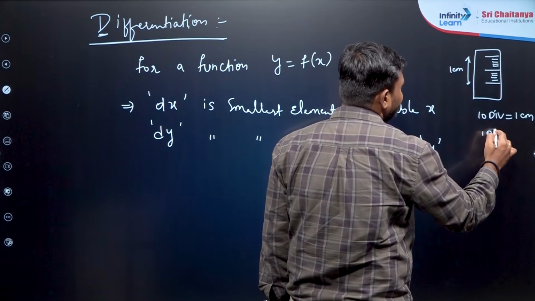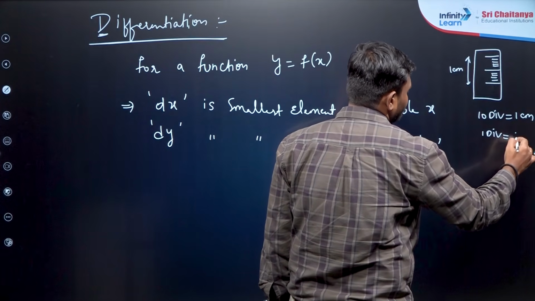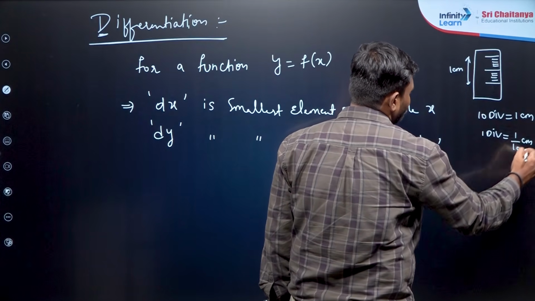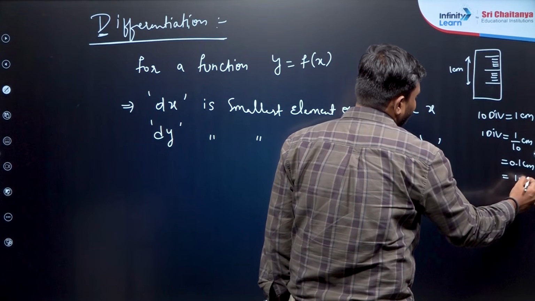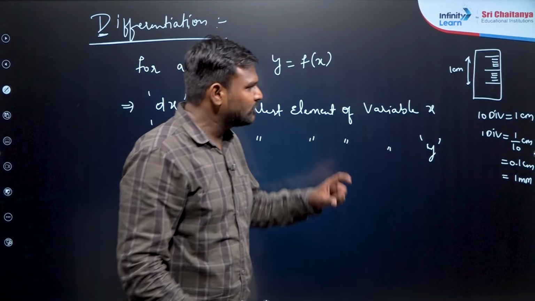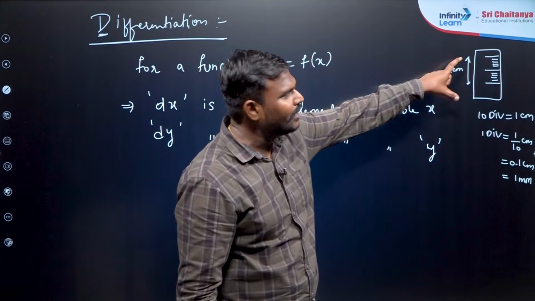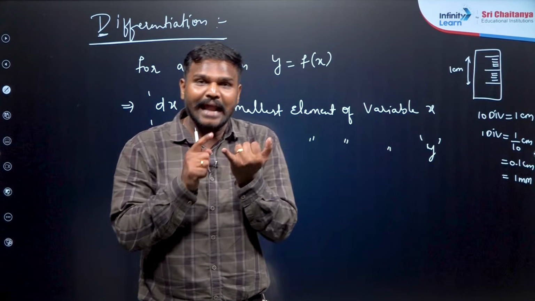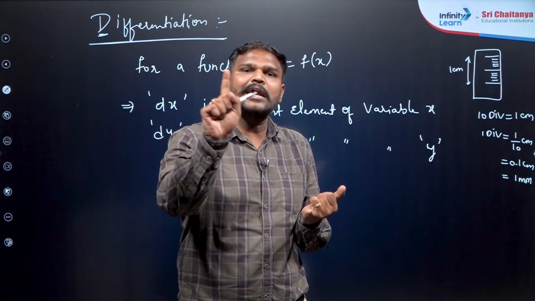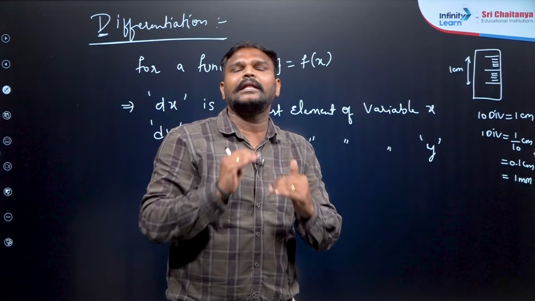What is 1 division equal to? Yes, 0.1 centimeter or 1 millimeter. So the least count of a regular centimeter scale is 1 millimeter. That means you can accurately measure 1 millimeter, the smallest possible length.